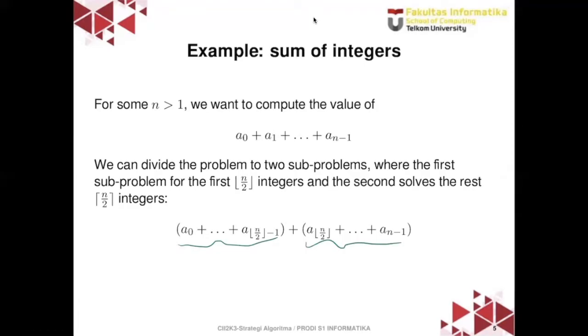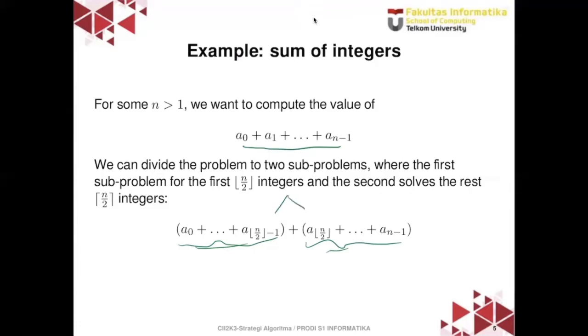So let's see the difference with the brute force algorithm. In the brute force algorithm, we just need to do n minus 1 additions. But for divide and conquer, we also have to do n minus 1 additions, but we also need a process of dividing the integers.